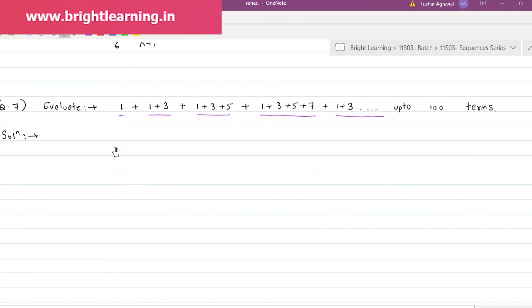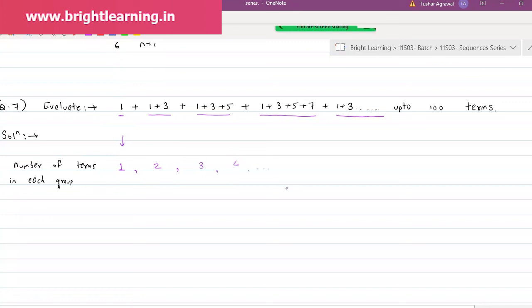So to calculate up to 100 terms, we need the number of terms in each group. The first group has 1 term, the second group has 2 terms, the third group 3 terms, the fourth group 4 terms, and so on.